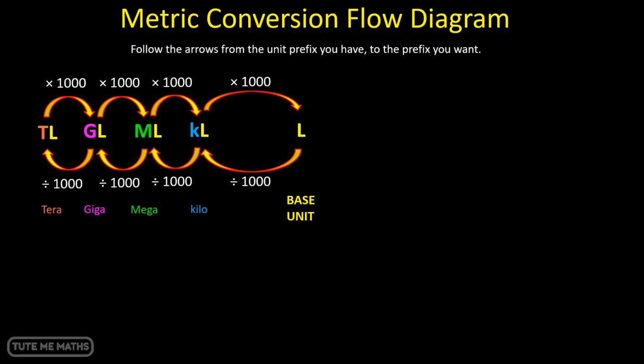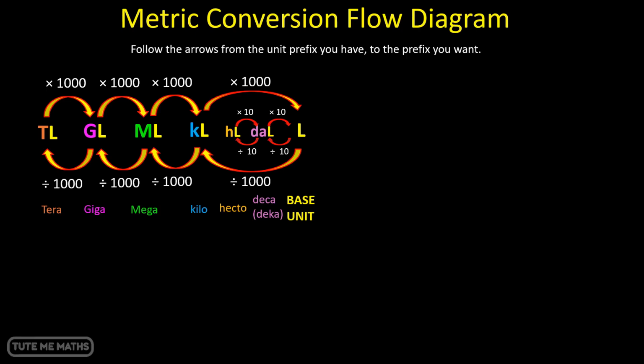I've stretched out the section between kilo and the base unit so we can now include the prefixes deca and hecto. Remember that deca means 10. We multiply or divide by 10. Hecto means 100, which is 10 lots of 10, so the conversion factors between hecto and deca are also 10.